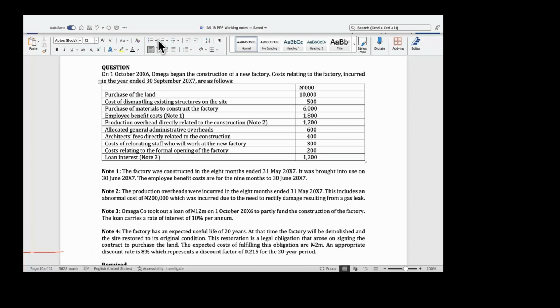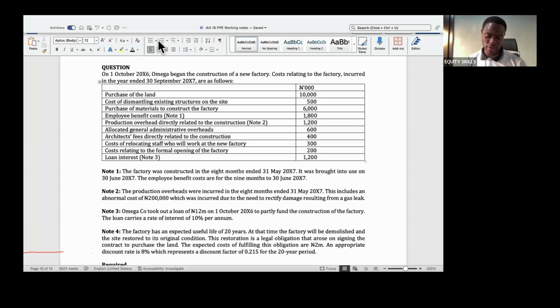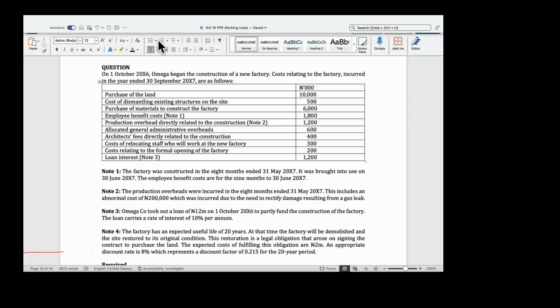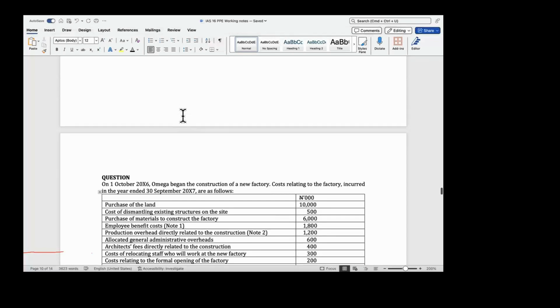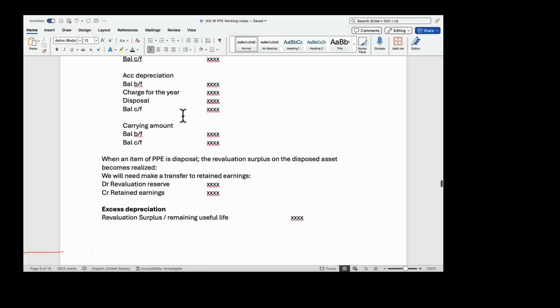Okay, Abubakar, go ahead. I have a question concerning this transfer of the surplus from revaluation surplus to retained earnings.